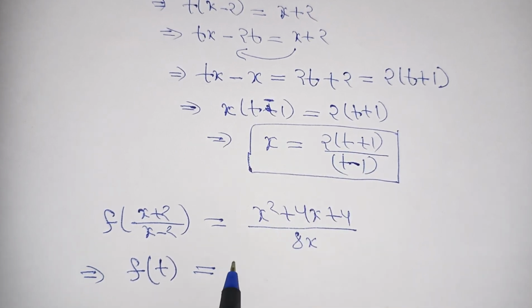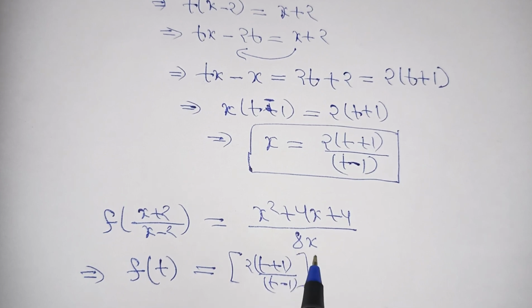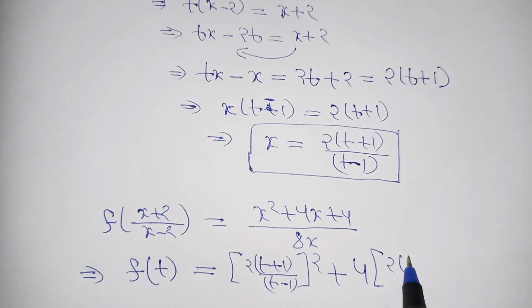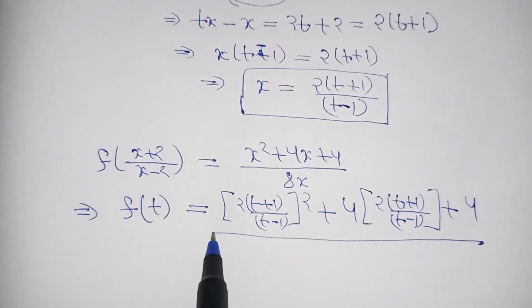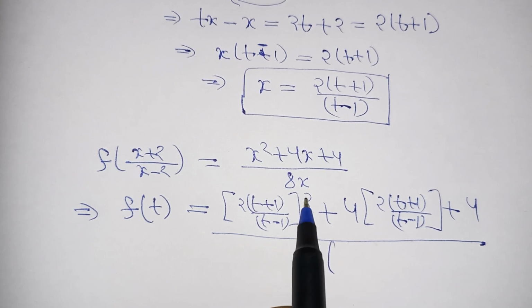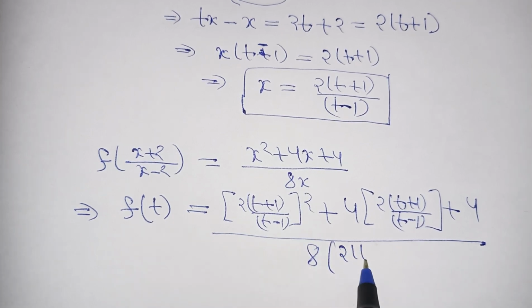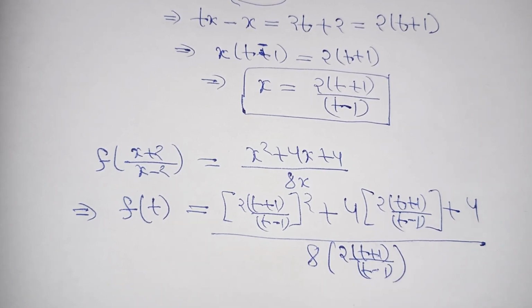Then x square will be (2 into (t plus 1) by (t minus 1)) whole square, plus 4 into 2 into (t plus 1) by (t minus 1), and plus 4, divided by 8 into the value of x, which is 2 (t plus 1) by (t minus 1).